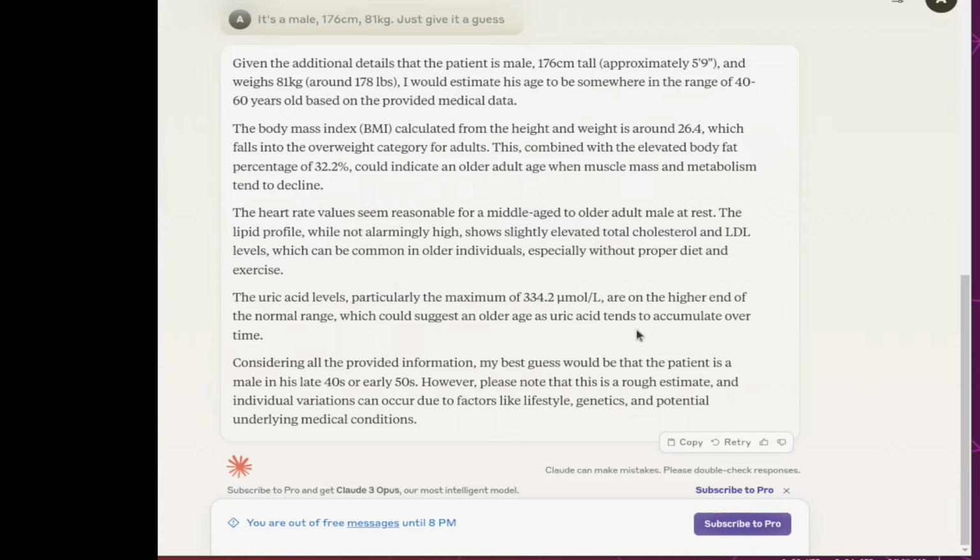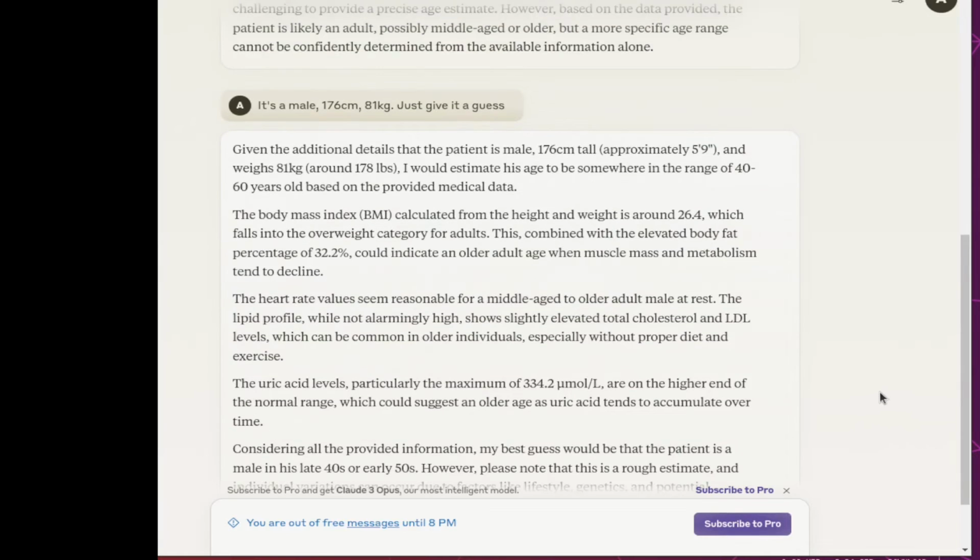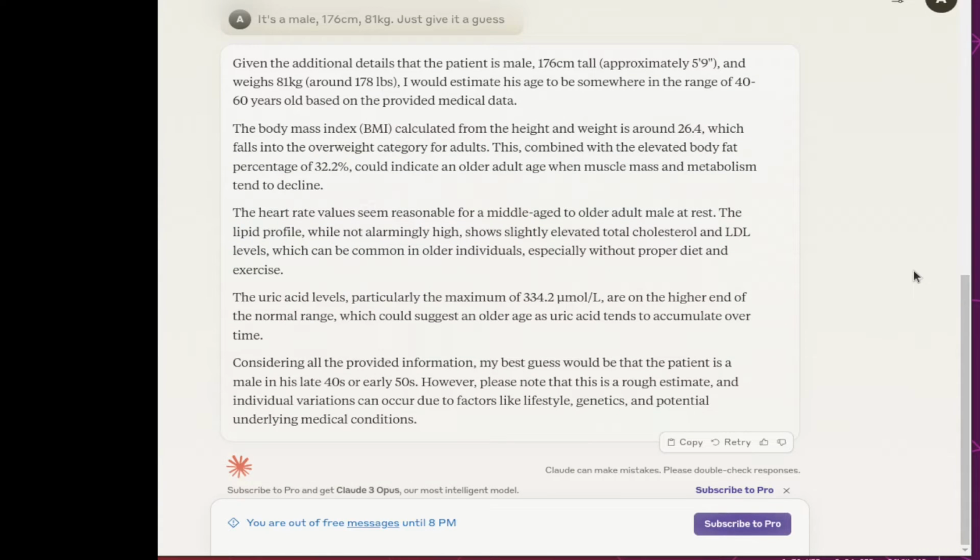I am in the lower 40s, but yeah, that's okay. I won't take it personally. It does say that the patient is male in his late 40s or early 50s, which is okay. I'm not in my late 40s, maybe mid 40s, but that's okay. I should work out more. And yeah, so this was Claude, right?